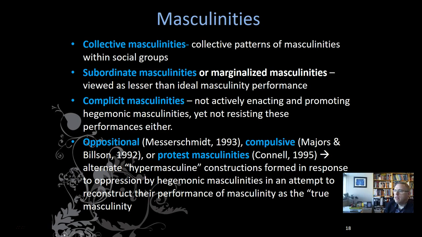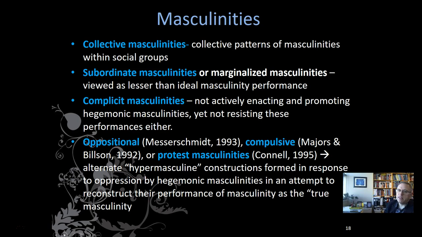So when someone is making fun of somebody because they're not measuring up in some way, if we're not standing up and saying that's not appropriate, then we're contributing to hegemonic masculinity. If we hear somebody making a sexist comment and we don't say something, we're contributing to a complicit masculinity. We're complicit in perpetuating those structures. And so I encourage men who are listening to this to start challenging some of those things.